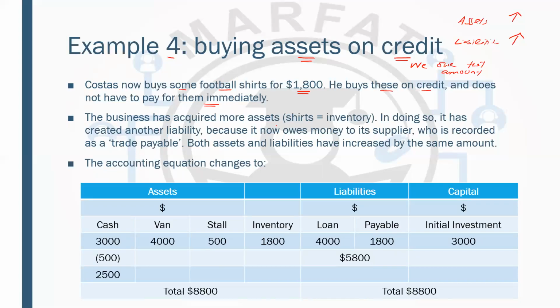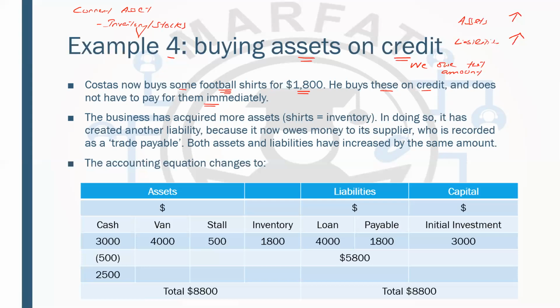Now, Costas is running a football shirt business. He has bought the football shirts, and these are the things which he is going to sell. If you remember, the things which we are going to sell are known as inventory, or we call them stocks.